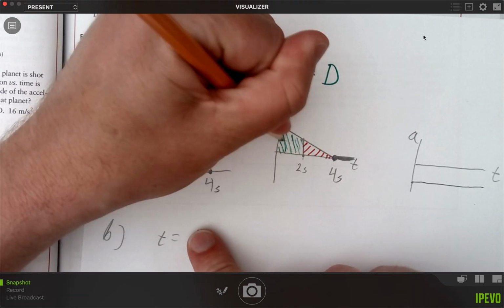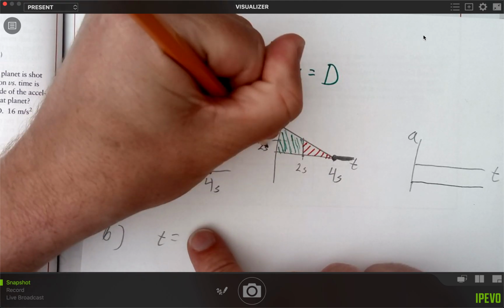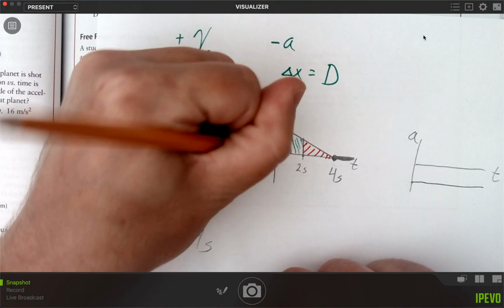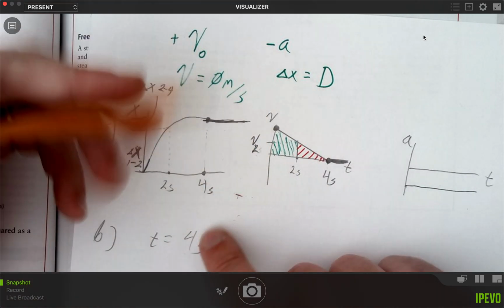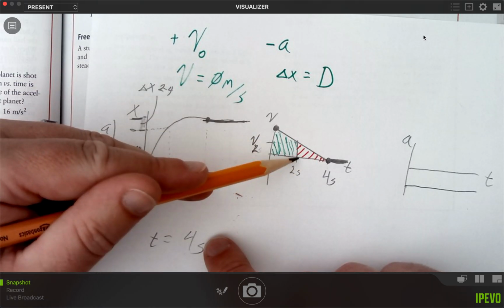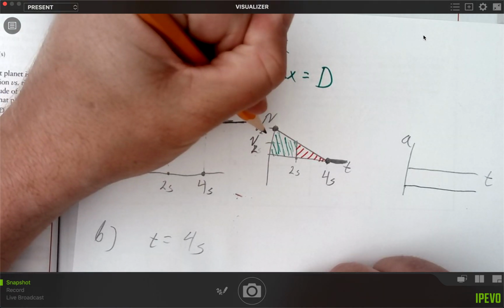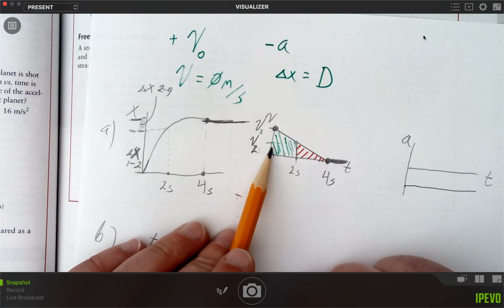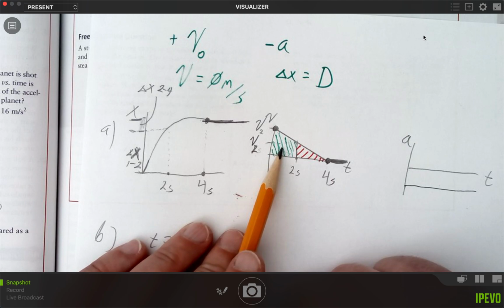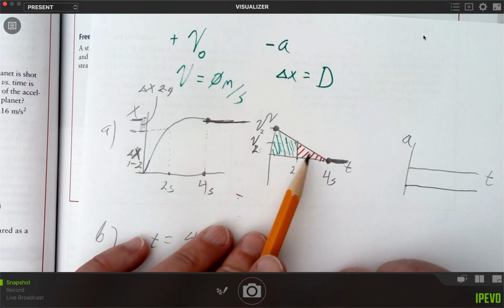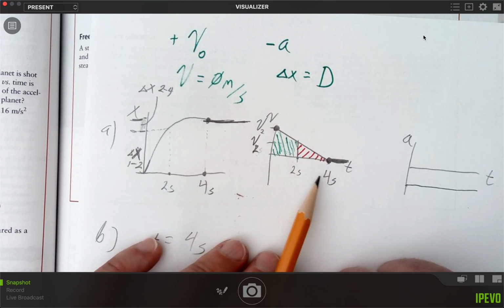I know that this is my velocity at the 2-second mark, so I could even call it v sub 2. I know my velocity at v sub 2 is less than my initial velocity. And I could argue that this area is larger than this area, because this is just a triangle, 1/2 of v2 times 2 seconds.